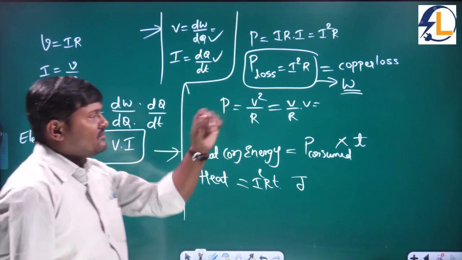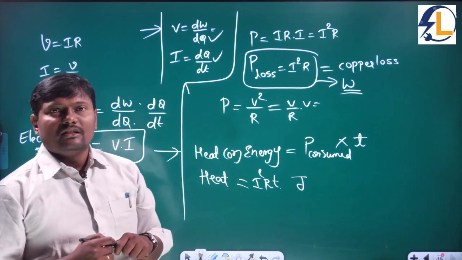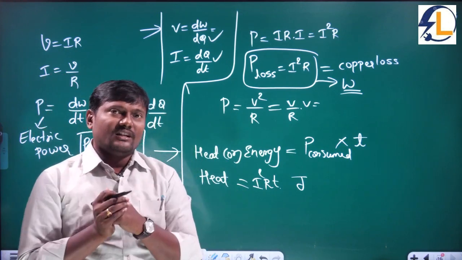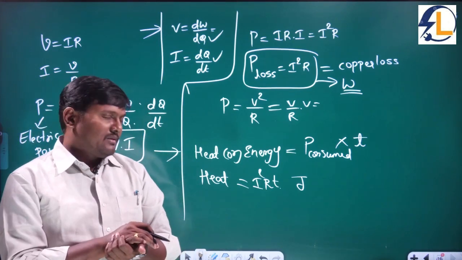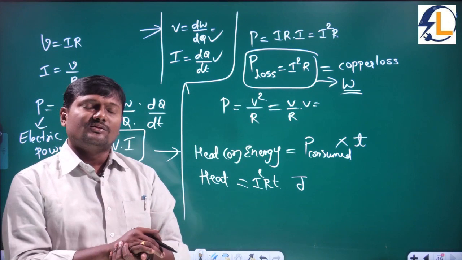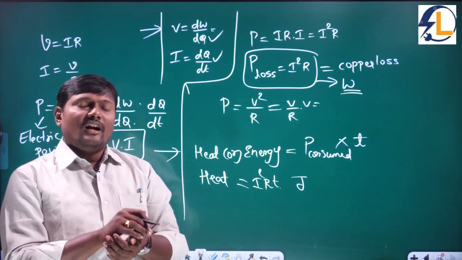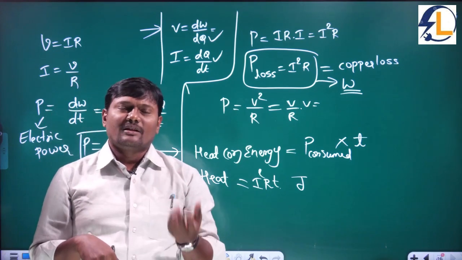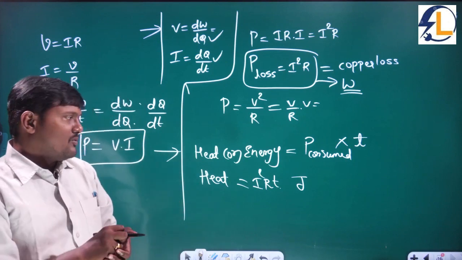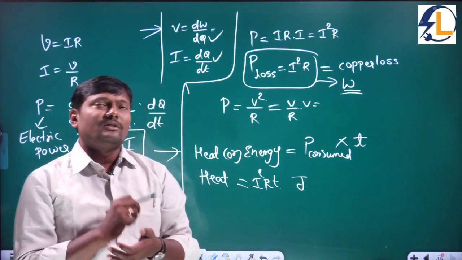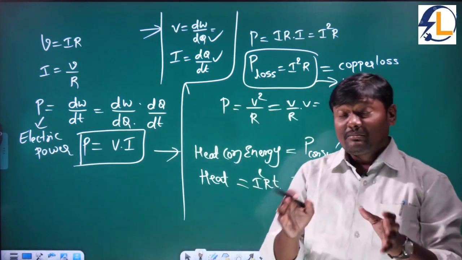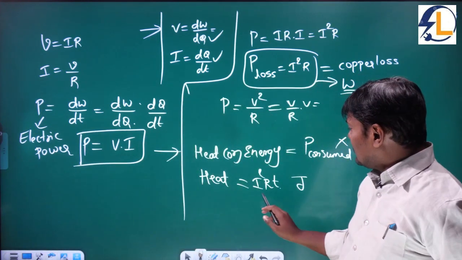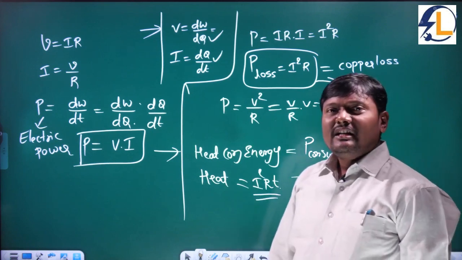The best example for the resistive element, the resistive load, is the water heater. If you insert a water heater in water for 5 minutes, let us assume the temperature of the water is 40 degrees centigrade. If you keep it immersed for more time, up to 10 minutes, what will happen? The temperature of the water will increase. As the temperature of the water increases, the heat produced also increases.